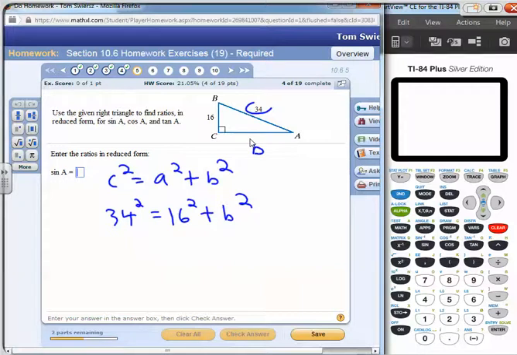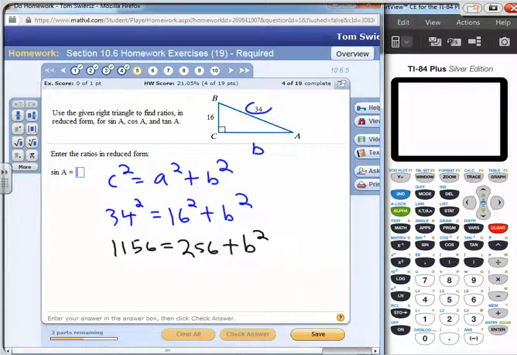Now, what I'll do is, on my calculator, I'll do 34 squared, which is 1156. 1156 equals 16 squared, which is 256, plus B squared.